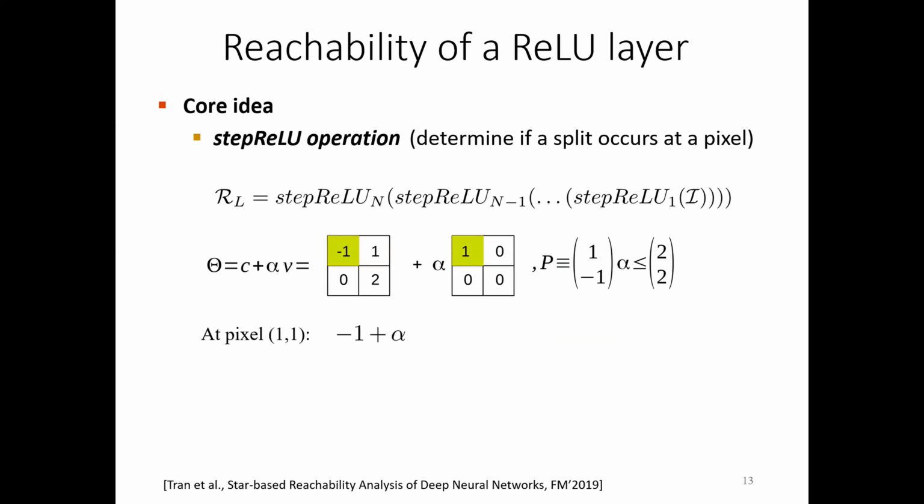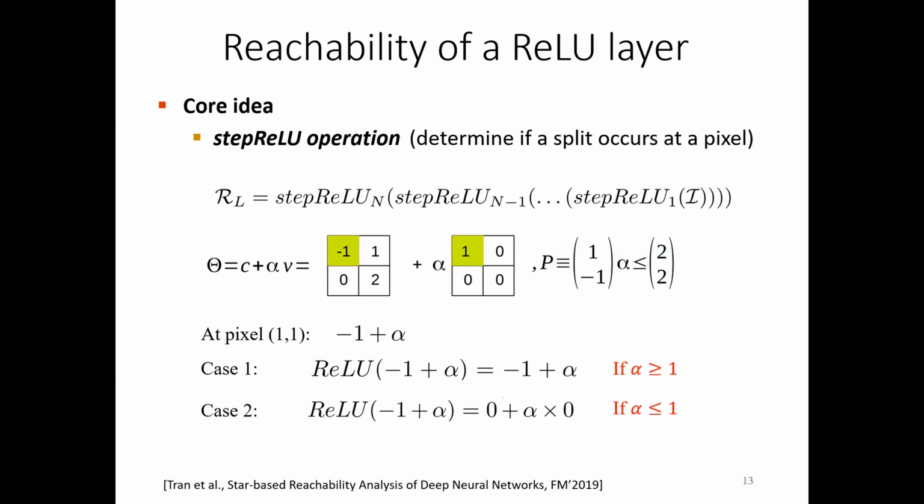At this pixel, the value is -1 plus alpha. If alpha is larger than 1, then when we apply the ReLU activation function on this pixel, the output is the same as the input. However, when alpha is smaller than 1, the output of this pixel is set to 0.